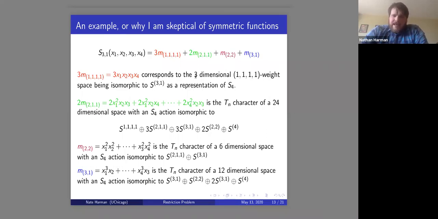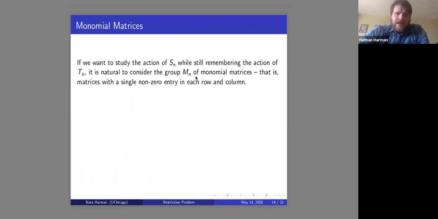All right, so that was the motivation for why I did this next thing. The idea is, I want to understand the action of Sn, but I want to do it in a way that respects this grading it inherits from the torus action. So that leads you, I think, very naturally to consider the group of monomial matrices.